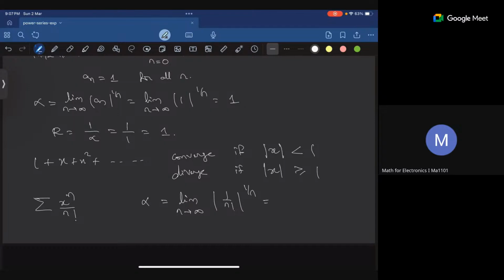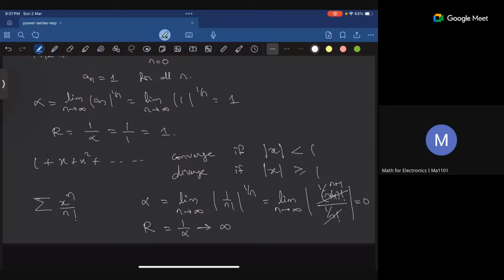So let's use the ratio, 1 by (n plus 1) factorial divided by 1 by n factorial, that is a_(n+1) by a_n. This will simply be 1 by n plus 1, and as n tends to infinity, this becomes 0. So alpha is 0, and r is 1 by alpha, which is infinite.